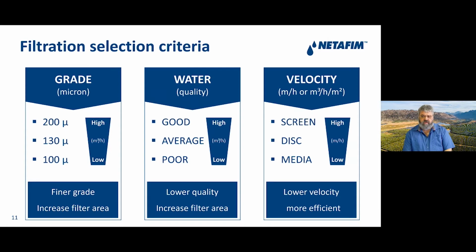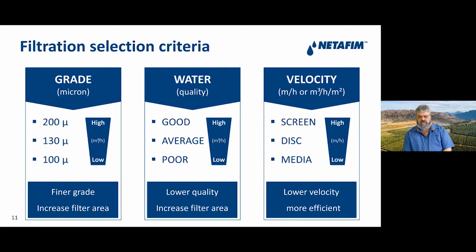Velocity. Velocity is the flow rate that we pass through a certain area of the filtration area. So it's cubic meters per hour per square meter, or if you want to simplify that, meters per hour. With a screen filter, we allow a higher velocity than what we allow for a media filter.